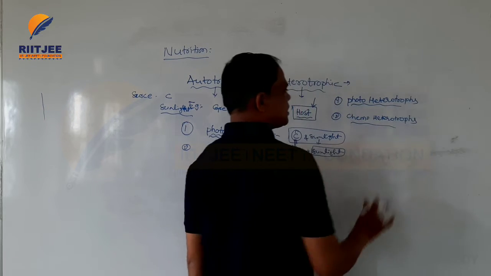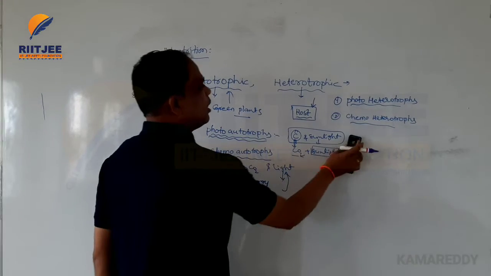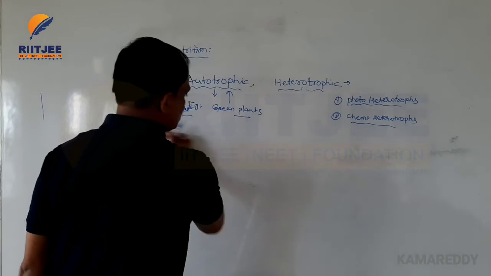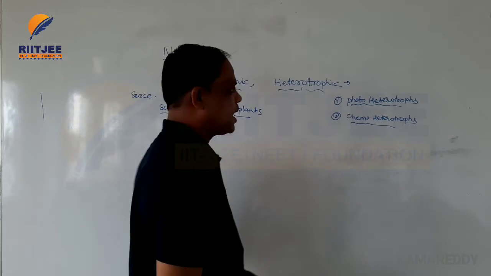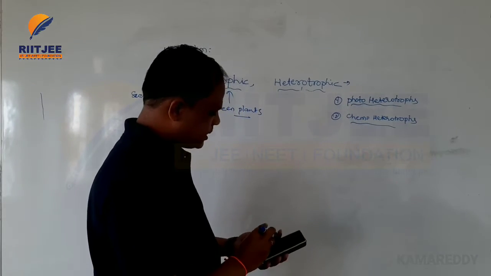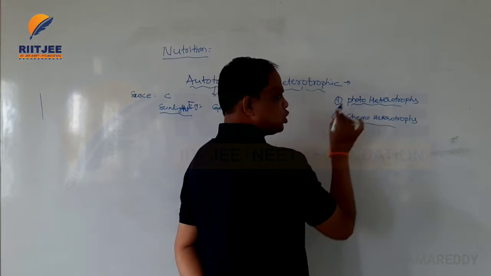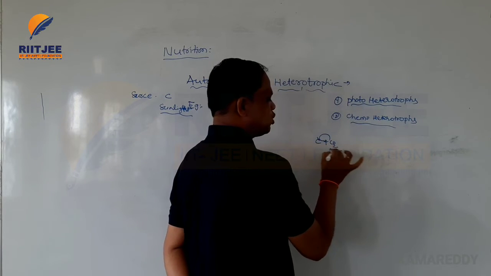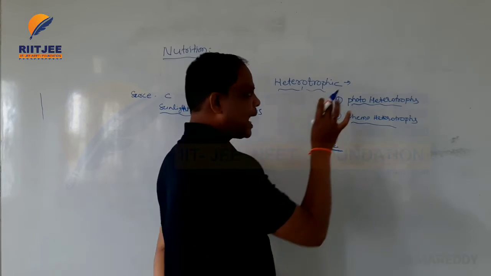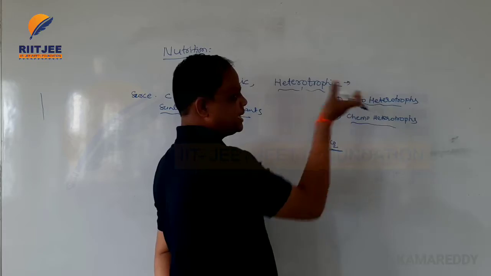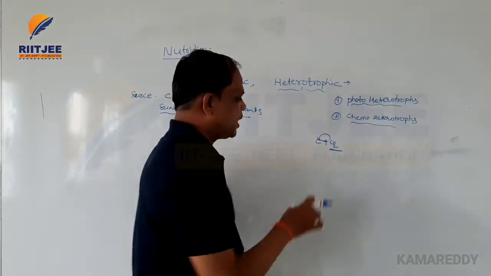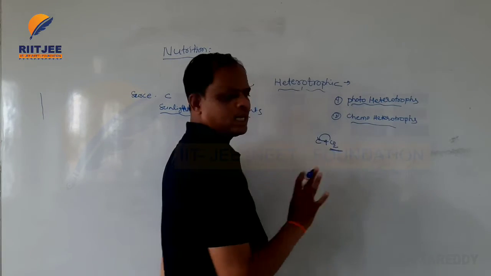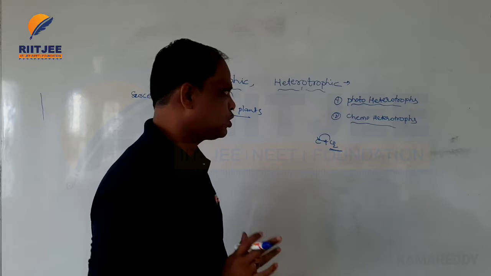Okay, these are the two types, photoheterotrophs and chemoheterotrophs, based on the source of light and carbon. Photoheterotrophs means that for the carbon source they directly depend on environmental CO2, and the light, the oxidation reactions, release an energy source. They can utilize this energy and synthesize food materials. That is called photoheterotrophs.